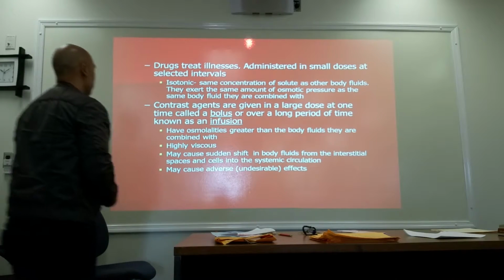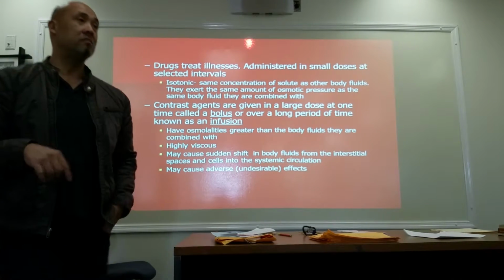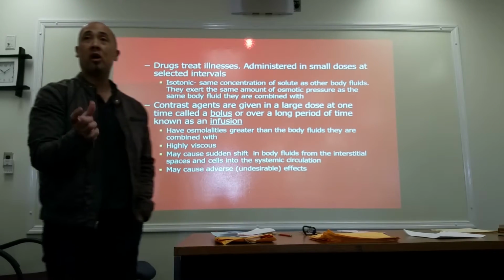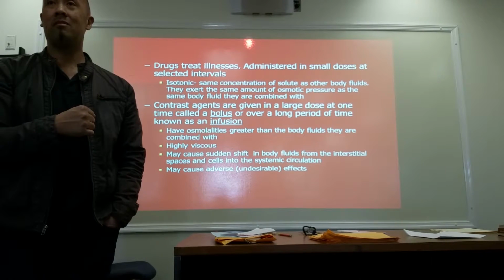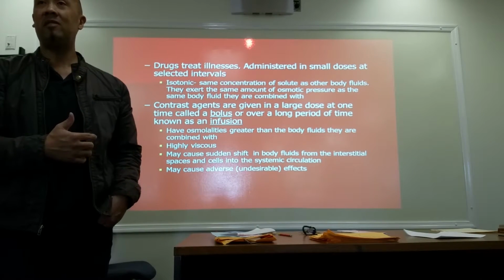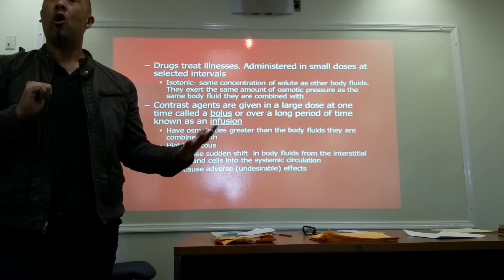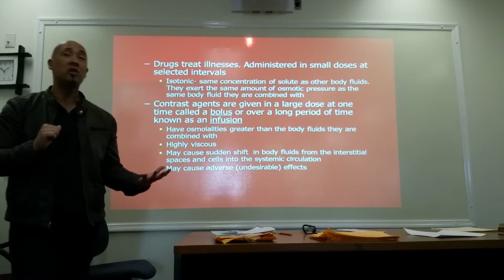Okay. So the contrast that are given, we can give it in two different speeds. Two basic speeds. Either in a bolus where we're talking about a large volume in a small period of time, such as taking 50 cc's and injecting it in 2 to 3 seconds, or we can infuse it. Infusion is a slower rate.